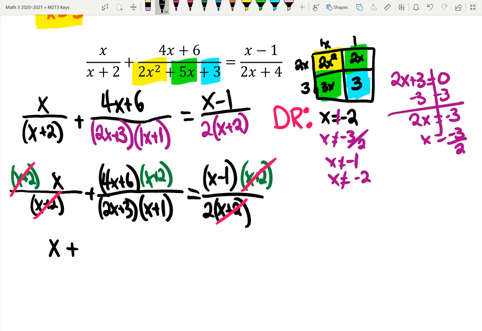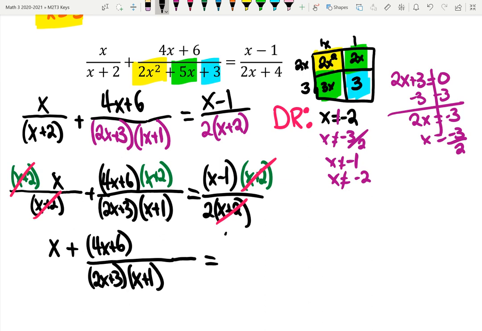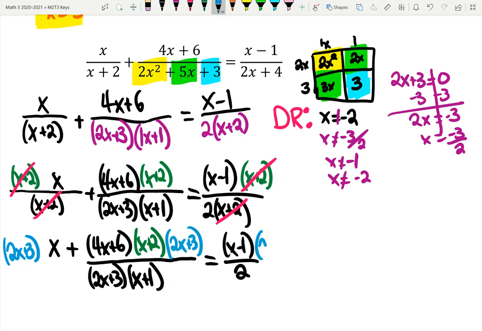I have x plus 4x plus 6 all over 2x plus 3 times x plus 1 equals x minus 1 all over 2. And then I got to make sure I include the leftovers because x plus 2 did not cancel in that middle term. I'm going to multiply by another denominator. I'm going to multiply by 2x plus 3, 2x plus 3, and 2x plus 3.